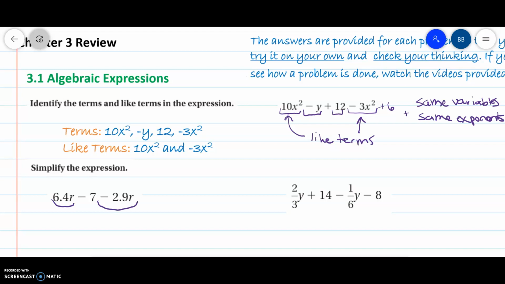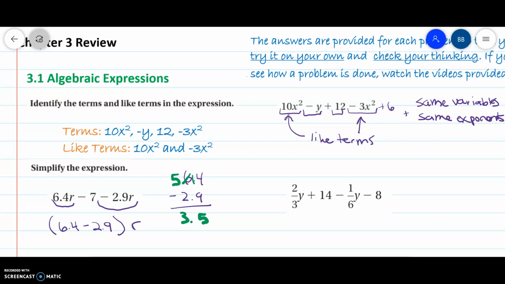So we can combine these, and we can think about this as 6.4 minus 2.9, and then we're talking about r's. So maybe off on the side somewhere, you'll just do a quick subtraction. 6.4 minus 2.9. You gotta borrow from your neighbor and make this a 14, which gives us a 5 and a 3.